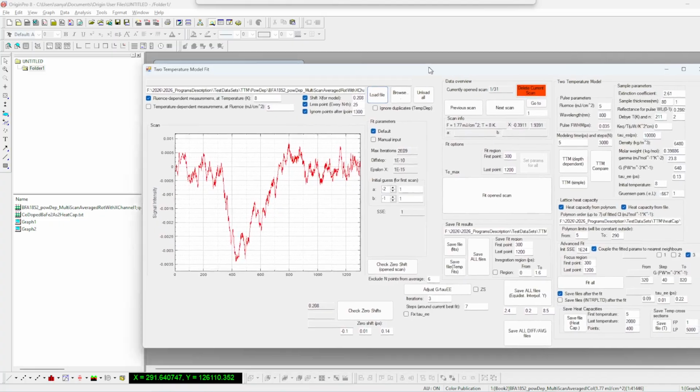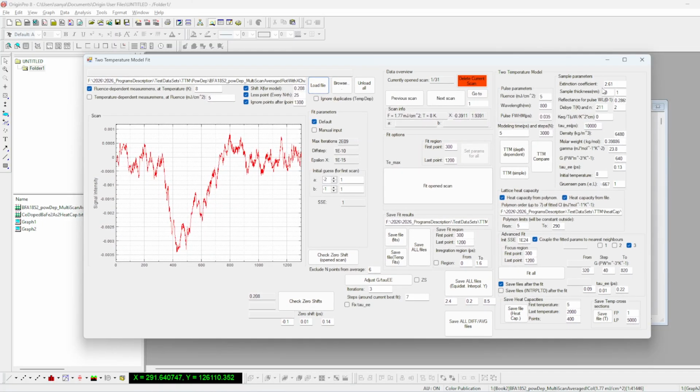So that's it. Quick recap: you have to fill in these parameters, not all of them, but just the pulse parameters, wavelengths, full width half maxima, sample parameters, thickness, reflectance, extinction coefficients, and then material properties: density, molar weight, gamma, electron heat capacity coefficient, and the file for lattice heat capacity. Note that sometimes it can let you open the file even if it does not find the file.